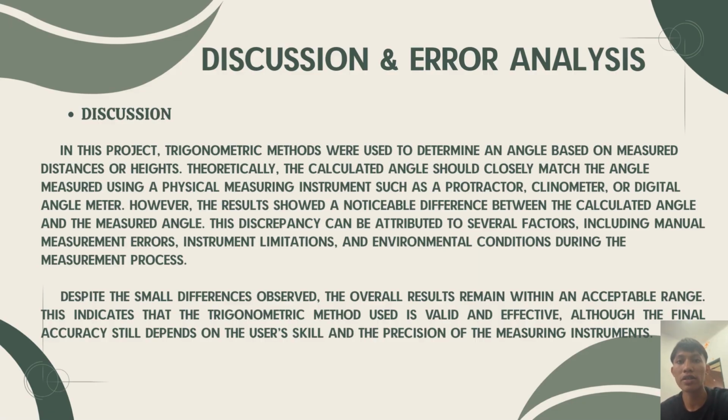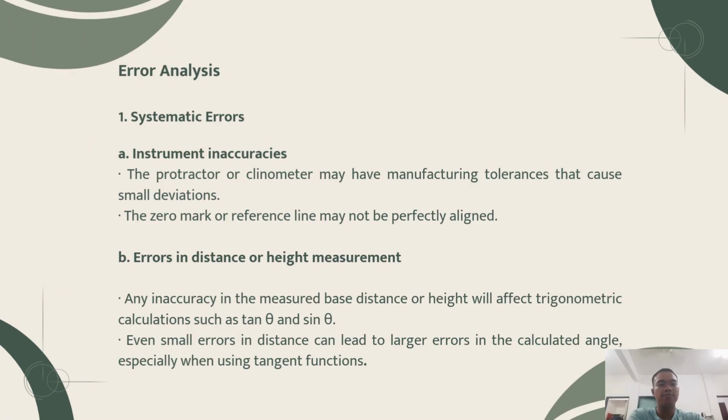However, the result shows a noticeable difference between the calculated angle and the measured angle. This discrepancy can be attributed to several factors, including manual measurement errors, instrument limitations, and environmental conditions during the measurement process. Thank you.